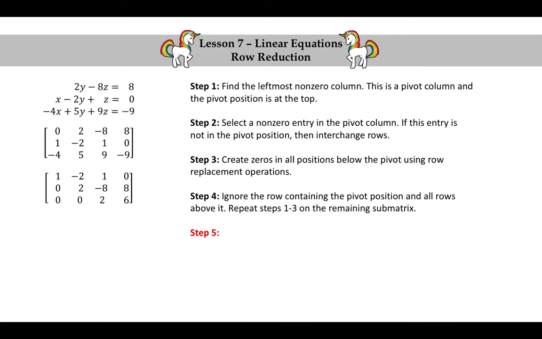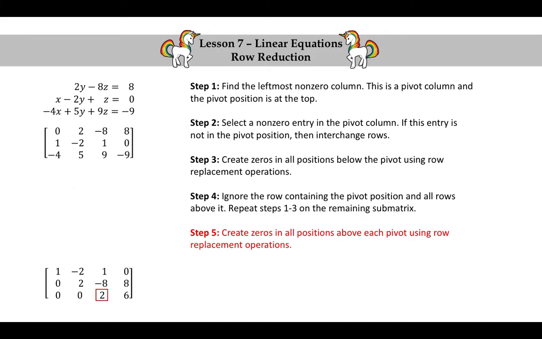Now, instead of doing it that way, we can add a 5th step to the row reduced matrix to get a matrix that's in reduced row echelon form. The 5th step is to create zeros in all positions above each pivot using row replacement operations.